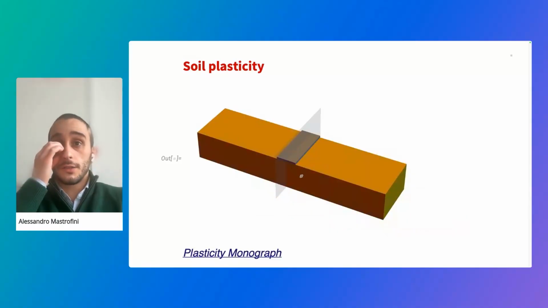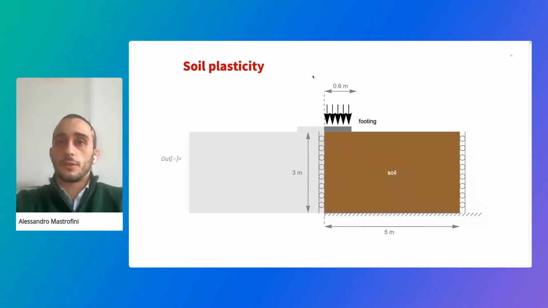This is a solid block of a generic soil where we want to construct a strip footing. So we need to account for the load. In particular, let's have a look at the section of that block. We can model only half of that due to the symmetry condition. So we have a sliding condition here on the side.